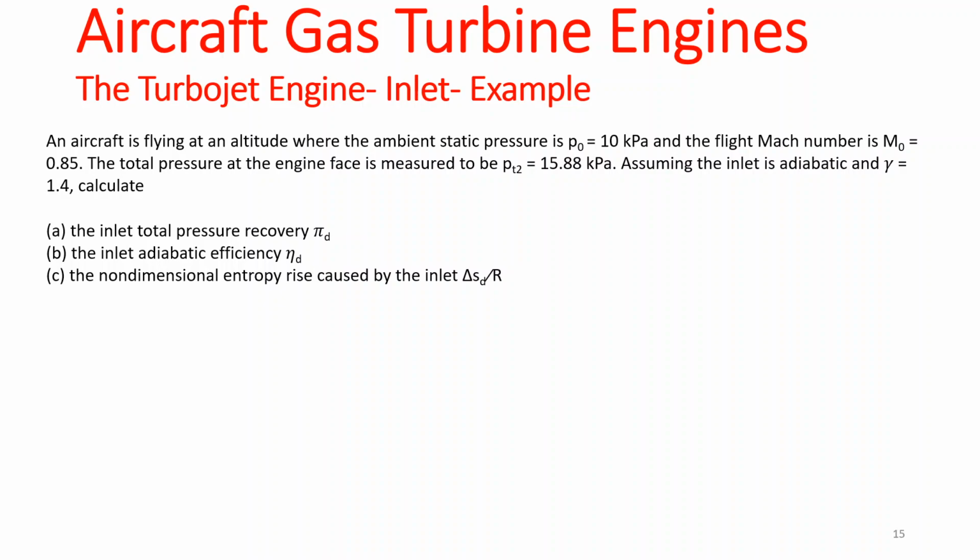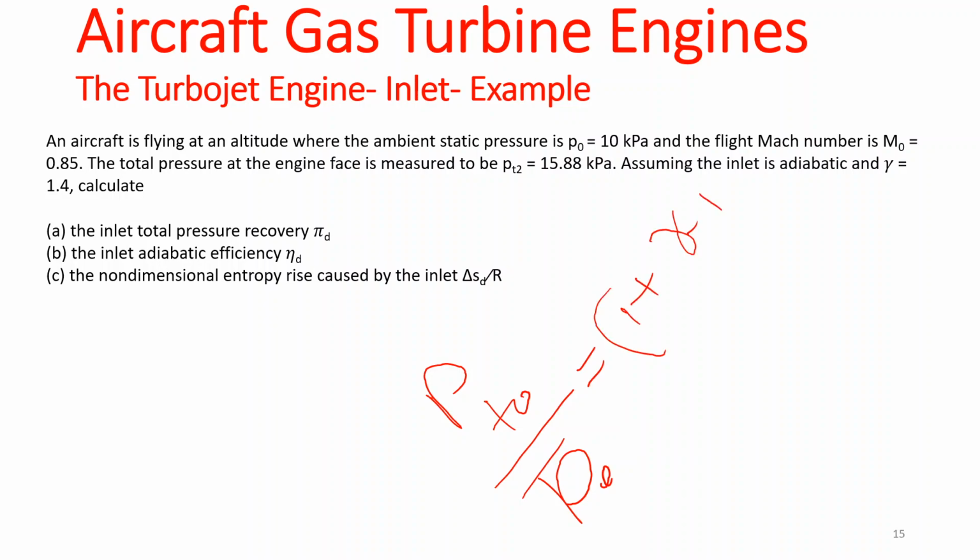We have the pressure ratio, the total pressure ratio, right? You do need an isentropic, that's right. But we have this equation for the total pressure ratio to the static one, right? 1 plus gamma minus 1 over 2 M naught squared, to the power gamma over gamma minus 1.